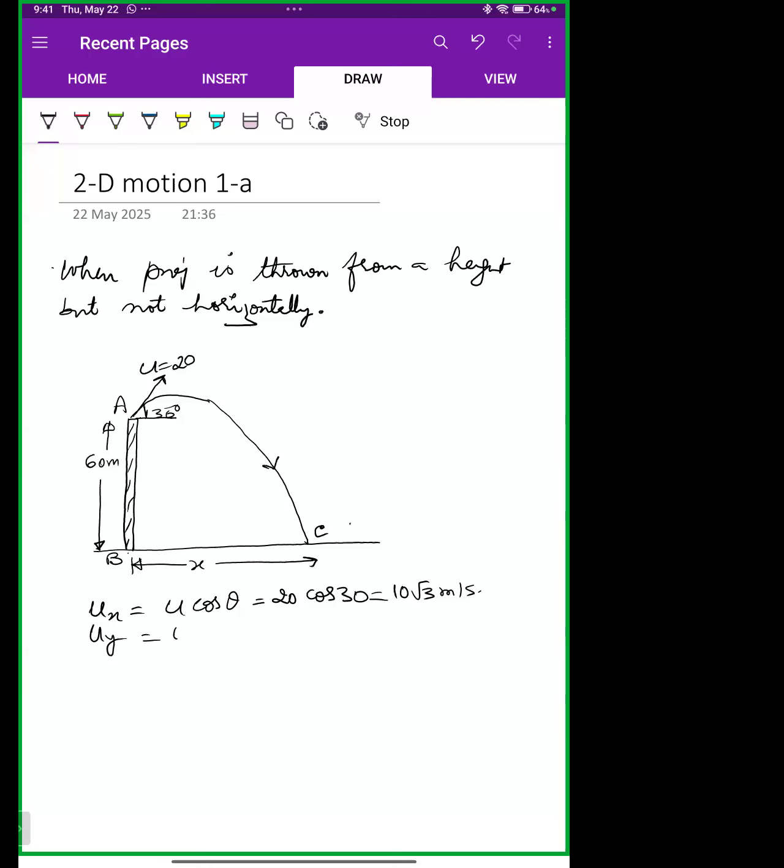Uy is u sin theta, which is 20 sin 30, which is 10.